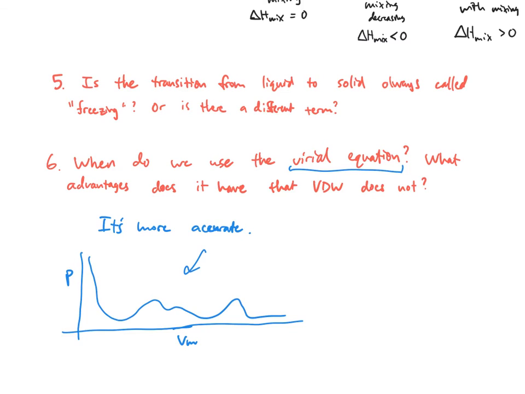I mean, this is a bit of a silly example because, again, we've got this weird situation where increasing the molar volume would increase the pressure. So I'm just using this as an illustrative example. The point is that the virial equation of state can be used to match any function, whereas the van der Waals equation will only fit highly specific functions. So the virial equation is more general, is another way to think of it.